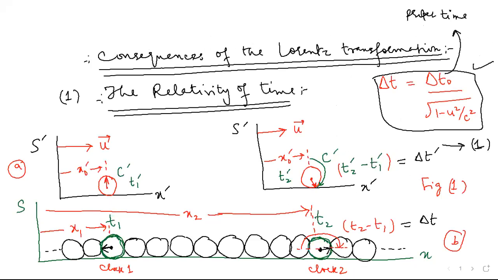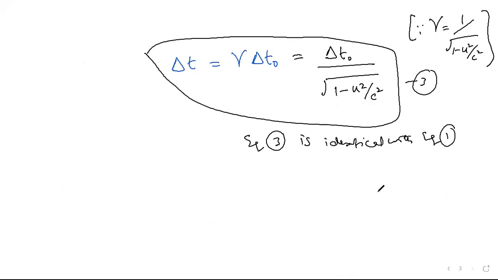This one. The time dilation equation. Right? So you can see how we obtained the time dilation equation directly from Lorentz transformation. So it is a consequence of Lorentz transformation.